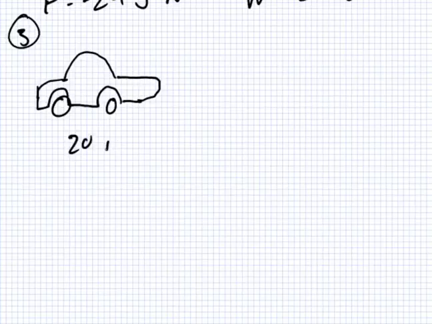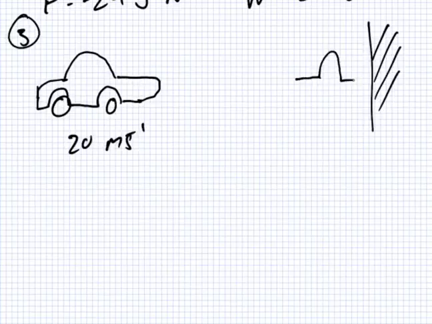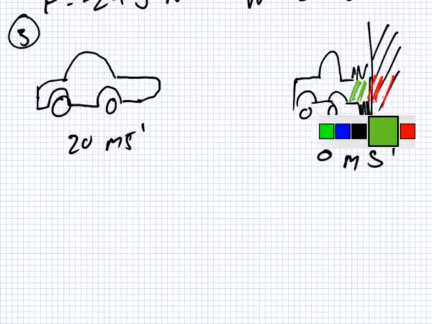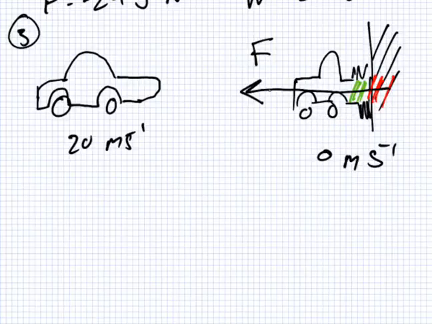So this is going at 20 meters per second, and then what happens? It hits the wall, and then the front of the car becomes crumpled. You see that? So it's 0 meters per second. While the car is touching the wall, it is given a huge force to the left to slow the car down.